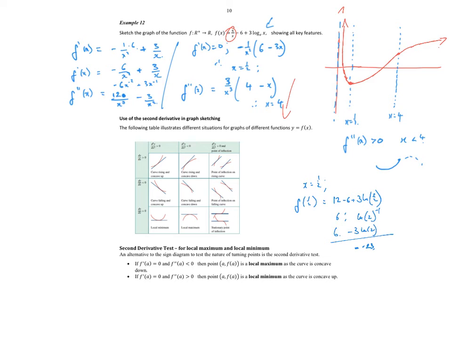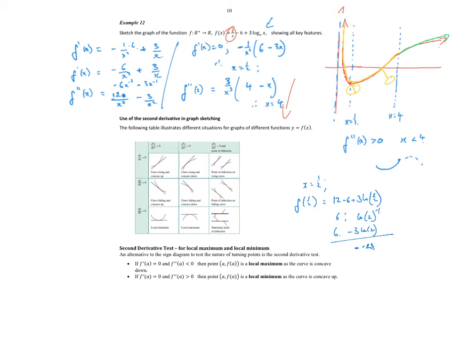If x gets really big, 6 on x is basically 0, so we end up with a graph that looks a bit like the log function as we get bigger. Notice it's concave down through the middle here, and all the way through here it's concave up, down to a minimum. And we would need technology for the location of that minimum, to be honest.